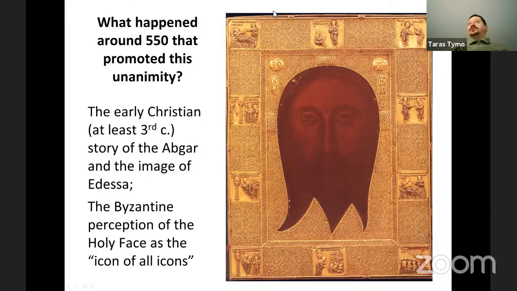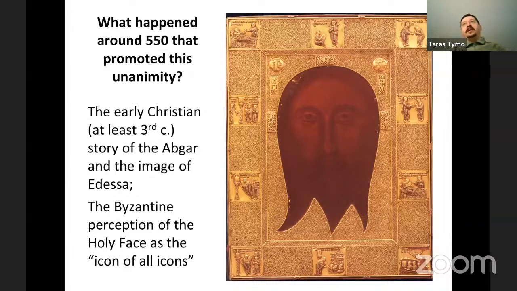And the story is such that the King of Edessa, who lived at the same time as Jesus, got sick and was nearing his death. So he hears the fame of this wandering preacher in Palestine that is healing people.